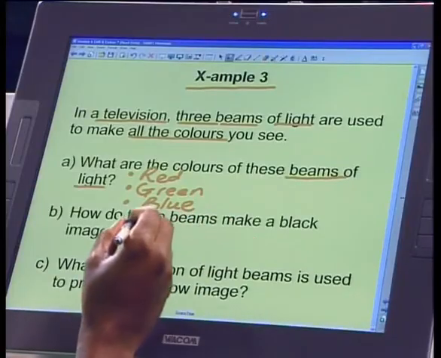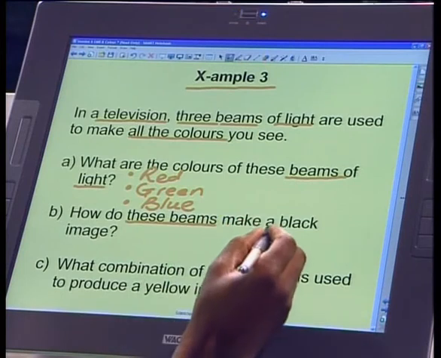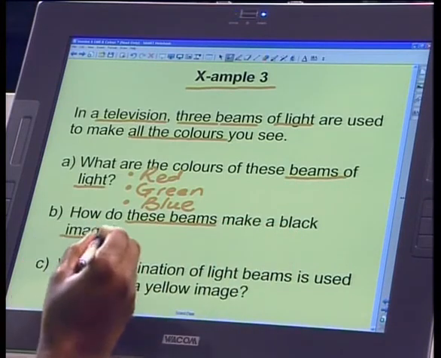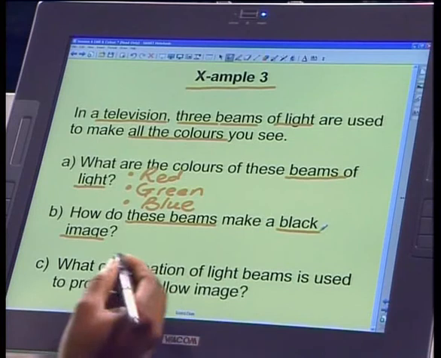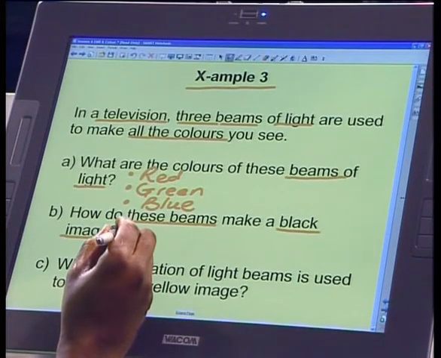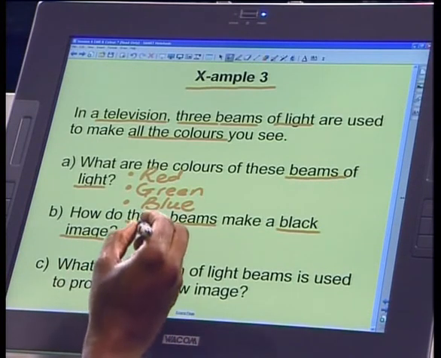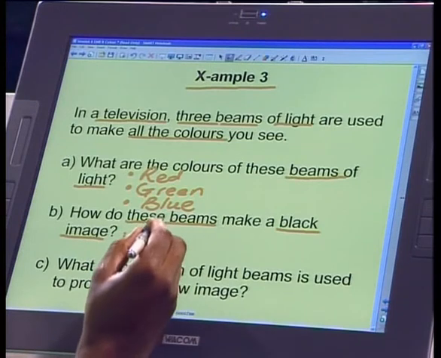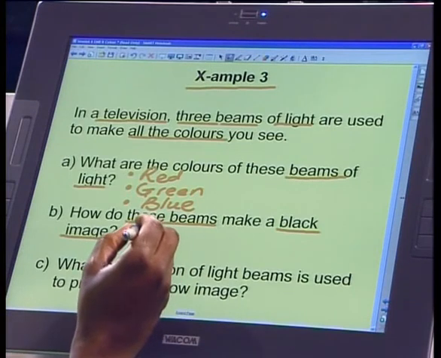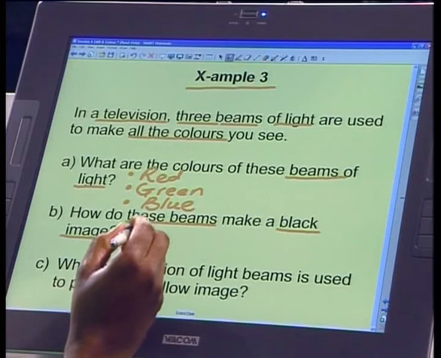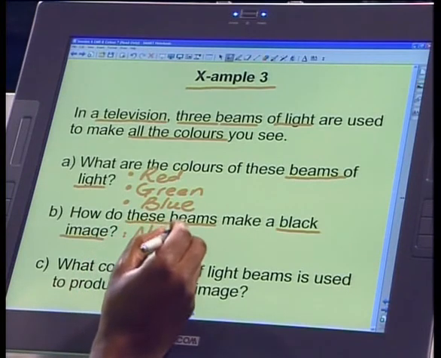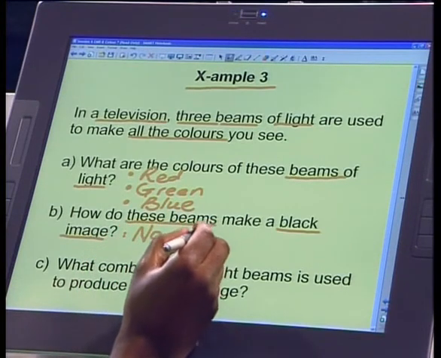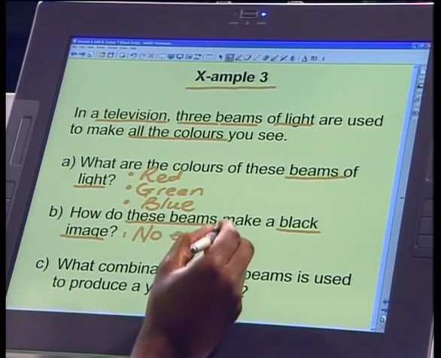Now, how do these beams, that's number B, how do these beams make a black image? Now, a black image would always result when there is no existence of any of the 3 colors.